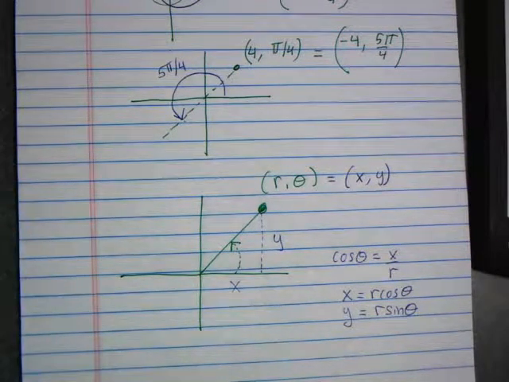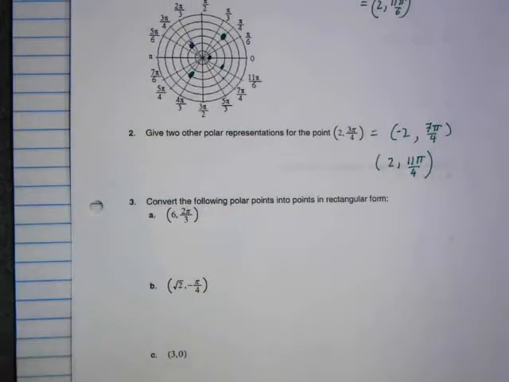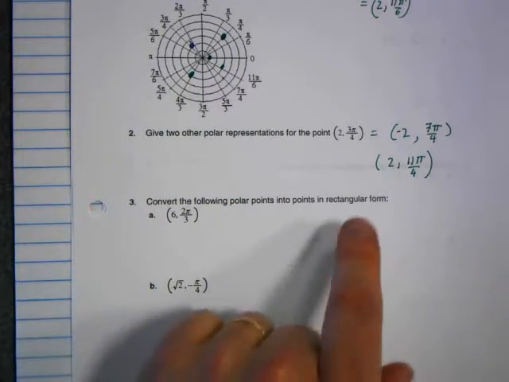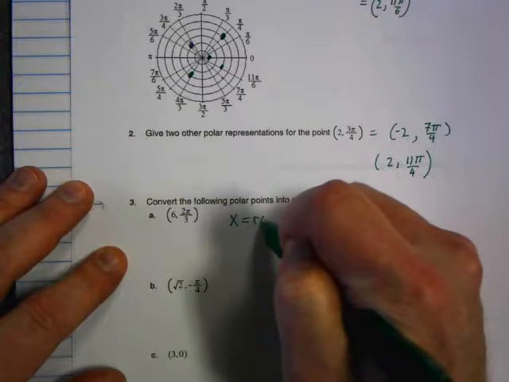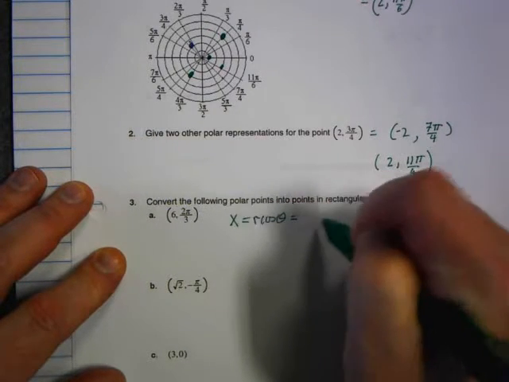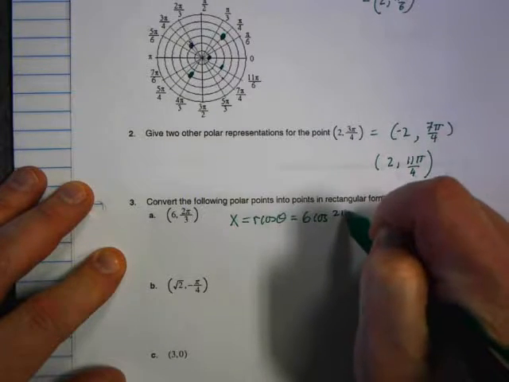Okay. So let's see. The point 6, 2 pi over 3. Convert that to rectangular form. Well, x is r cosine theta. So that's going to be 6 cosine of 2 pi over 3.